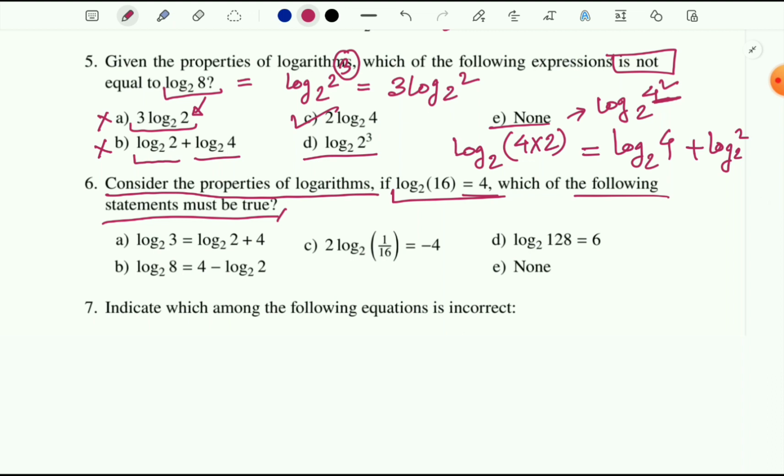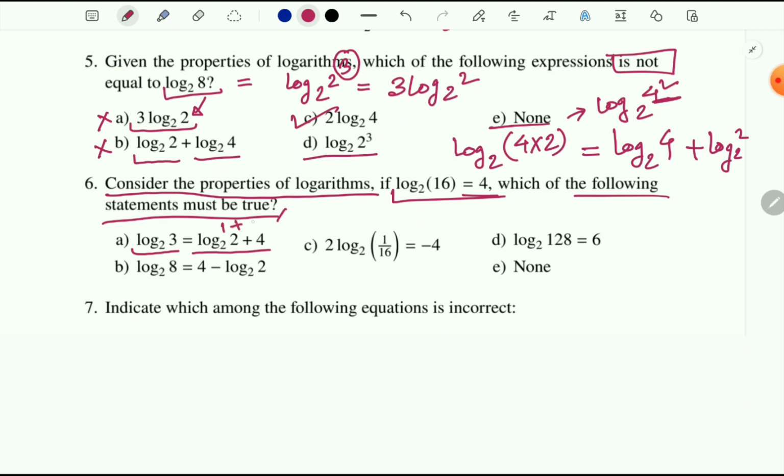So let's check this one. No, this is not. This gives us 1 plus 4, that means 5.